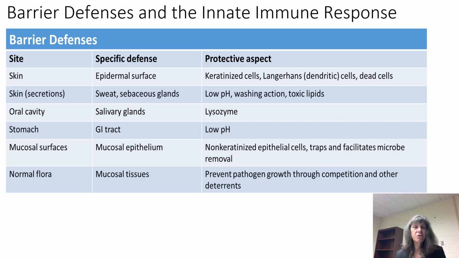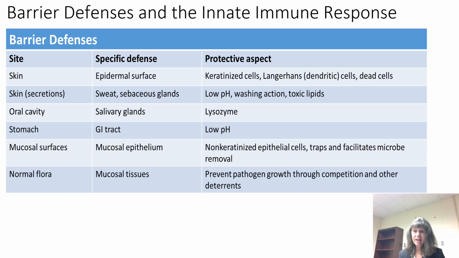When it comes to barrier defenses and the innate immune response, just to act as a reminder, the skin has keratinized cells. Keratin helps make skin tough and more waterproof. And there are also Langerhans or dendritic cells in the stratum spinosum of the epithelium that will go and eat up pathogens.